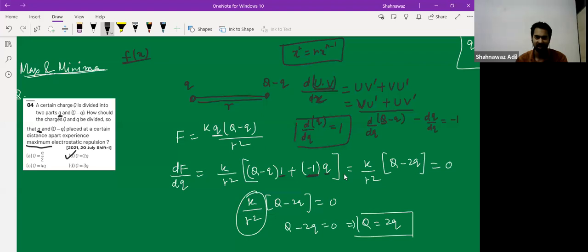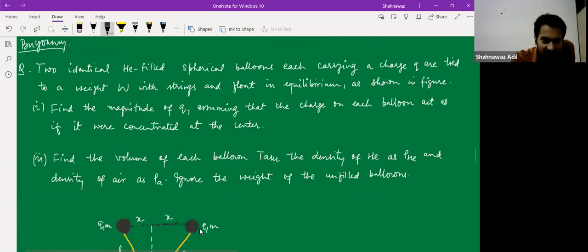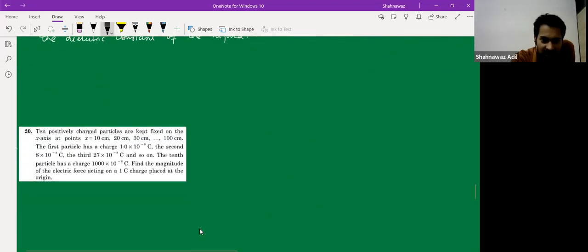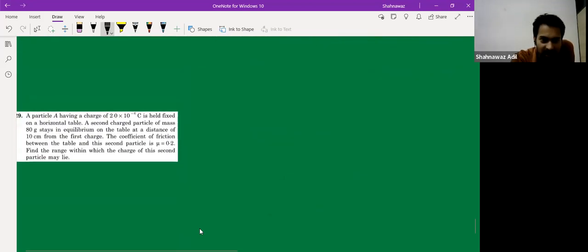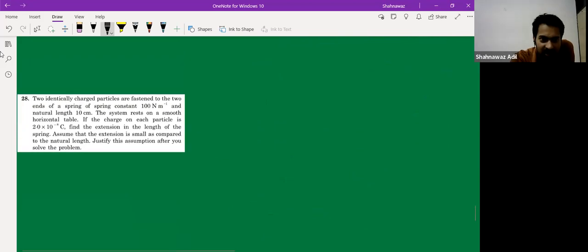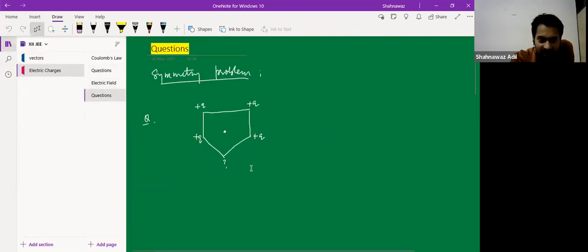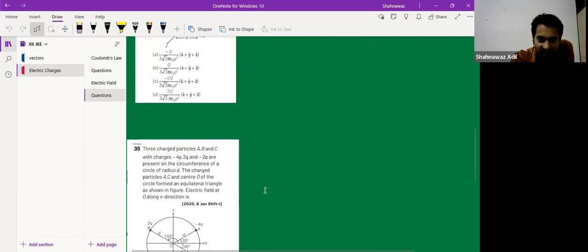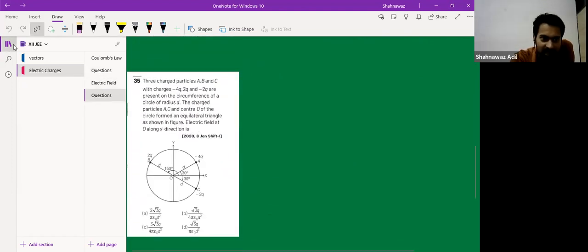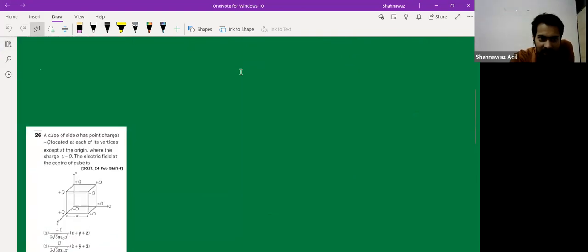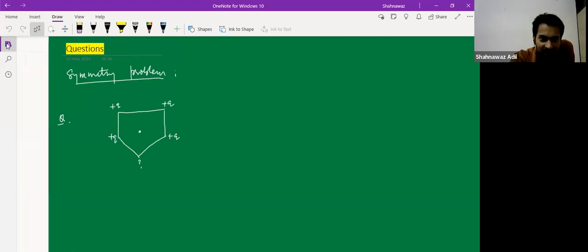I should have paced myself a little bit faster so that I could have completed these questions. I wanted to do up to electric field, but time is the supreme thing. We cannot cross time.